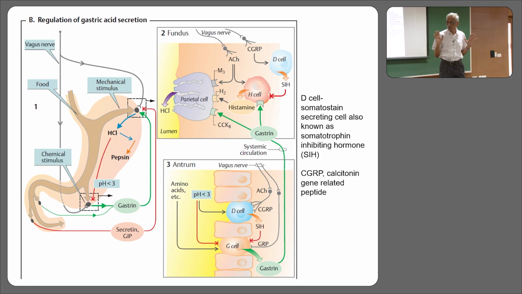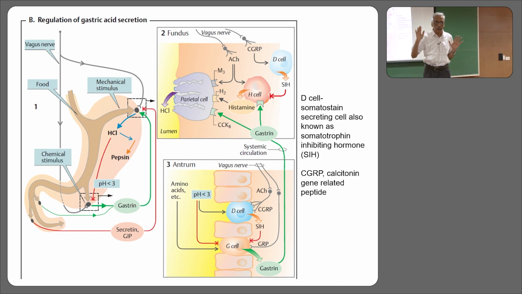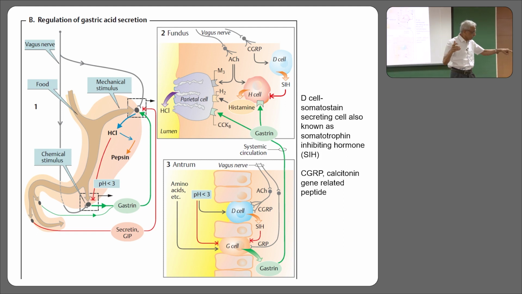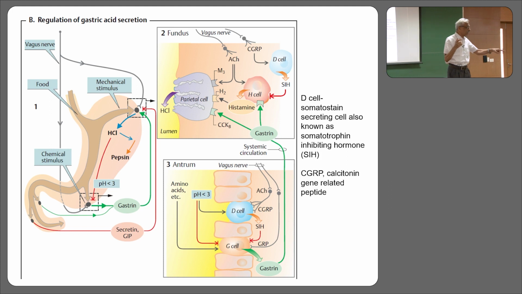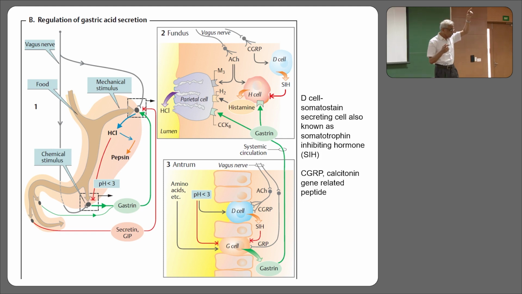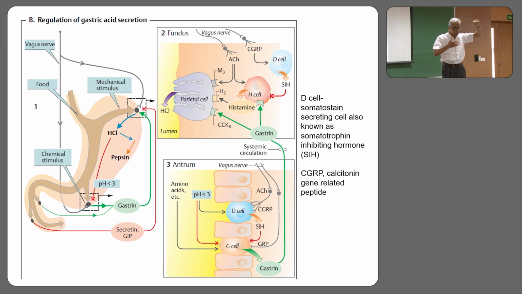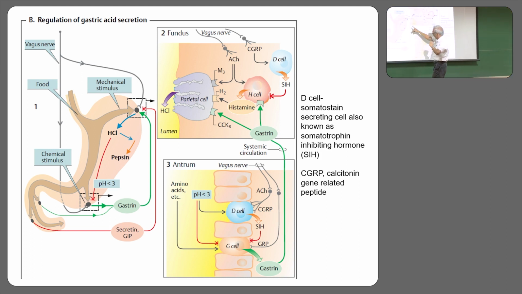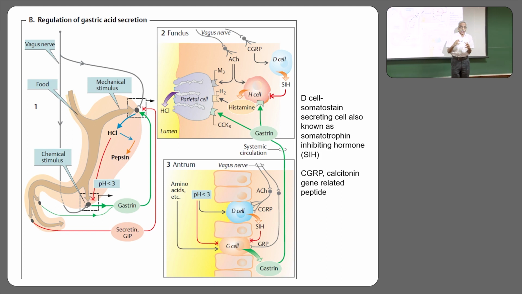Whatever is the protein content in your diet will stimulate the gastrin cells to release gastrin, which will go up into the fundus and stimulate the parietal cells to release hydrochloric acid. More, stop. That stop comes from the acid itself. So you can ask a question.